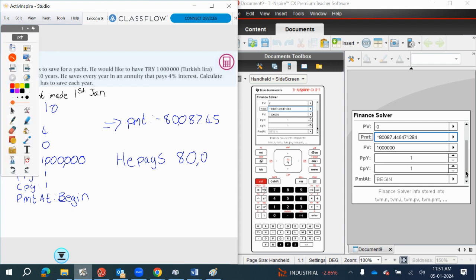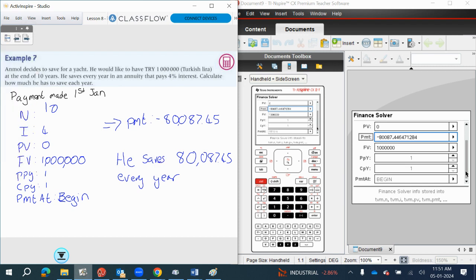I guess he saves is better. So make that positive in your wordy answer. Mark schemes specifically say if the payment is negative, then mark wrong.